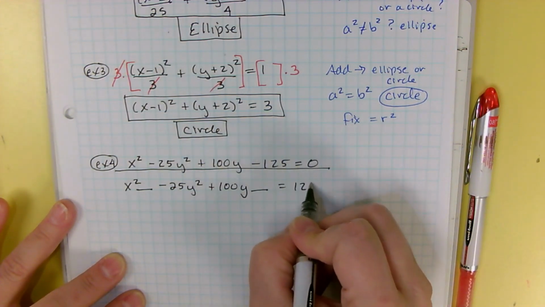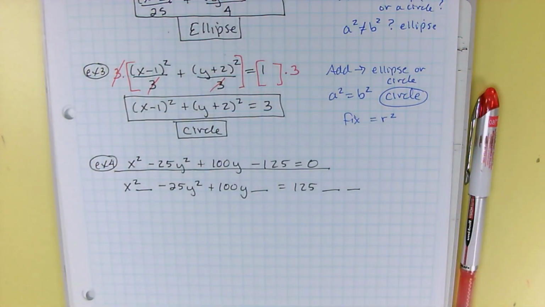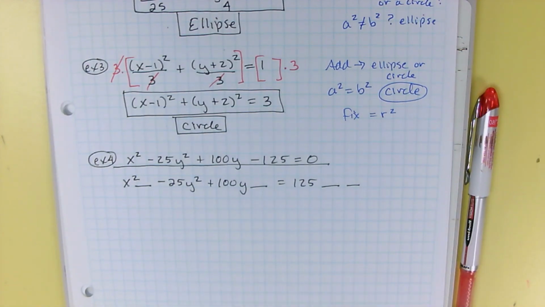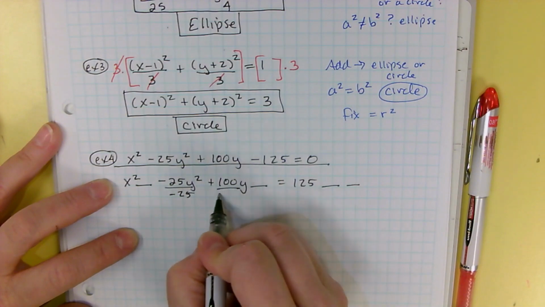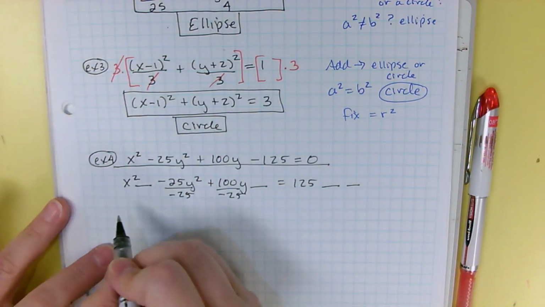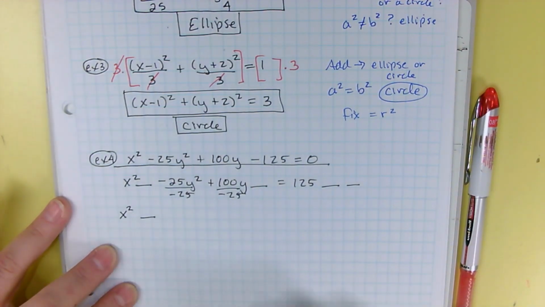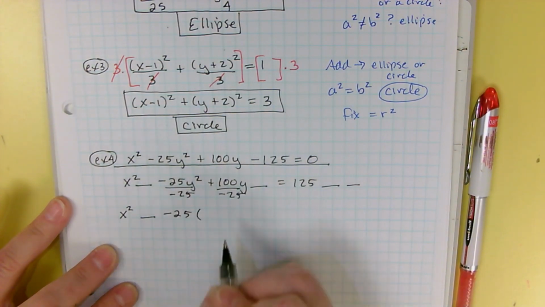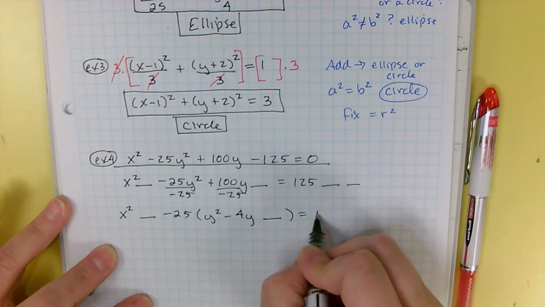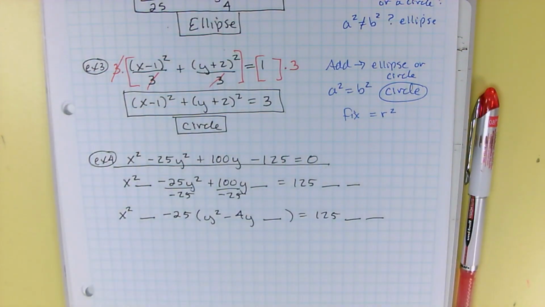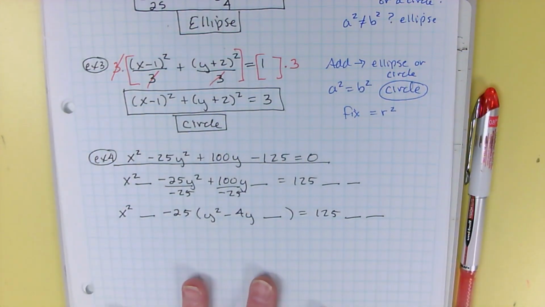Leave a space, equals 125, space. Okay, the x squared is fine, but the y squared has a negative 25 on it. So I need to factor negative 25 out of the y's. So that will give me x squared and then a minus 25 times (y squared minus 4y) equals 125, space.